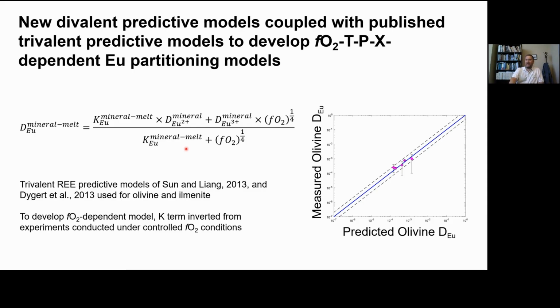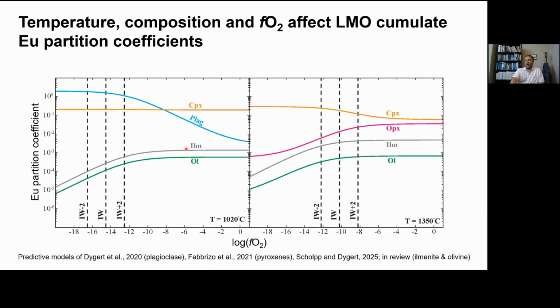Okay, and so then with these models, he calculated partition coefficients for magma ocean solidification as a function of oxygen fugacity. So these figures show the europium partition coefficients for different phases as a function of FO2 for an early stage of magma ocean solidification and for a later stage of magma ocean solidification.